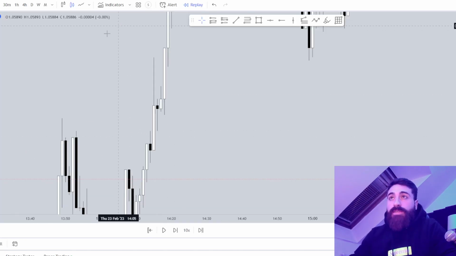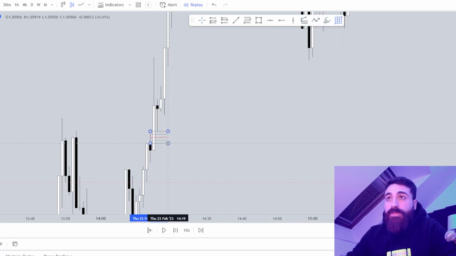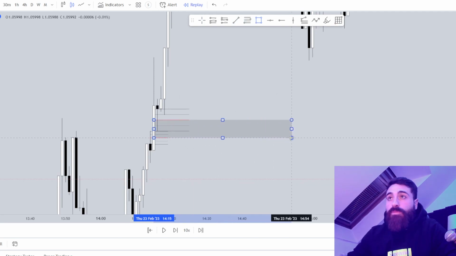As we can see in this example right here, we have long candles and we don't have any fair value gap in this area. So what do we do? We take the 50% of this wick and we take the 50% of this wick. My 50% is the red mark, and this would be our fair value gap.